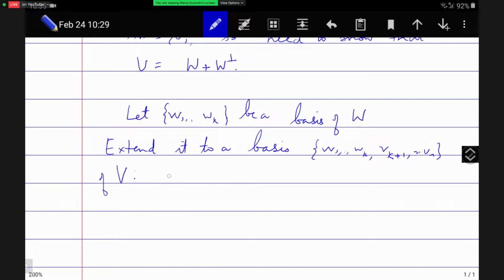So let M, I'm going to write this as a block matrix, some k by k block here, and then B, C, and D. This is n minus k, this is n minus k.